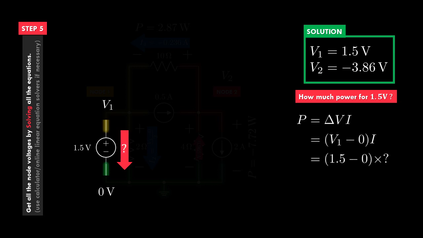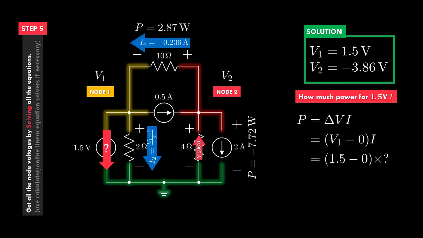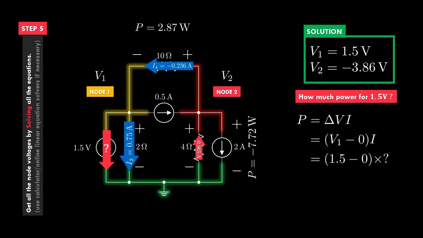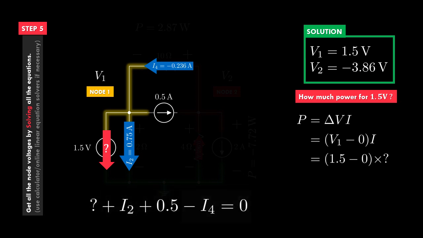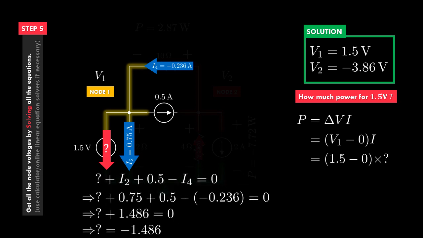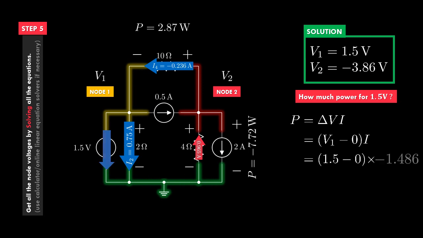Unfortunately, we used to get stuck here, but not anymore, because now we know all other currents. As we did in the last lecture, we can now use the KCL equation of node 1 to figure out this current. So we get negative 1.486 amperes for this current. And from that, we can calculate the power as well.